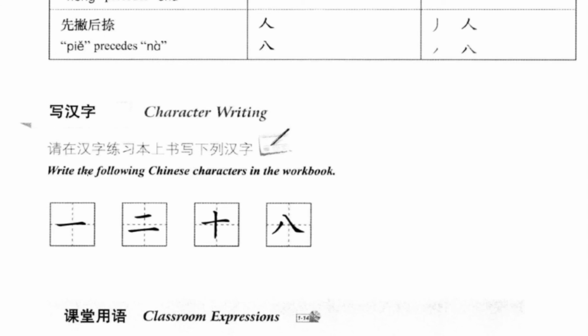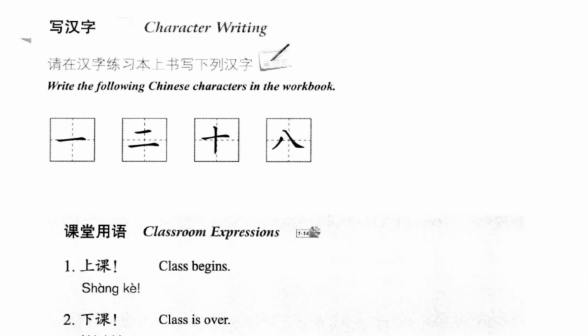Okay, now write the following Chinese characters in the workbook. We have a special workbook like this picture. And you need to write something in the squares. This one, 一. Can you see it's clear? It's not that straight, but from here and then stop like this, but it's not totally straight.